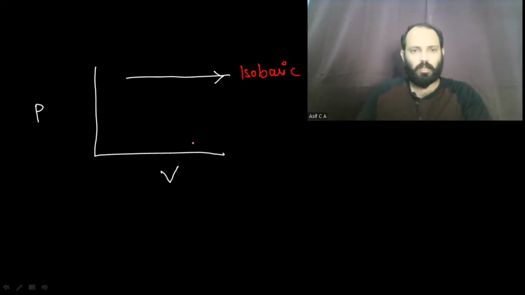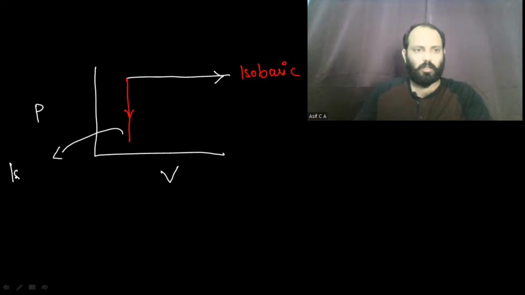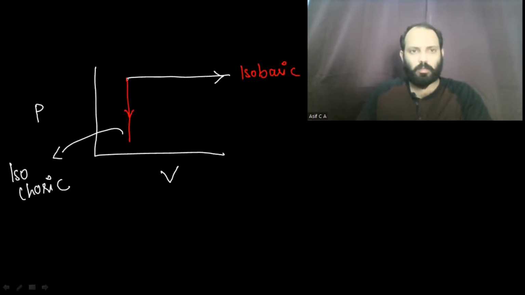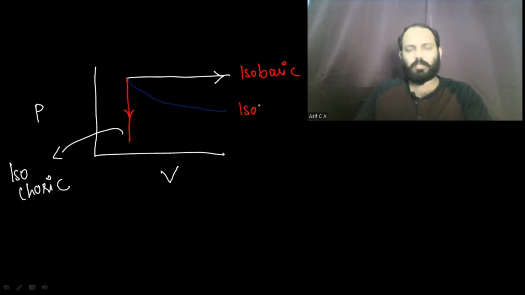Now volume constant is isochoric, so if a line like this comes, we can call it isochoric. Next, the other line like this is isothermal.